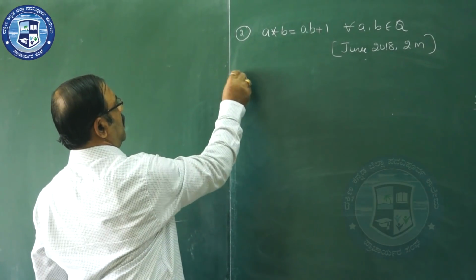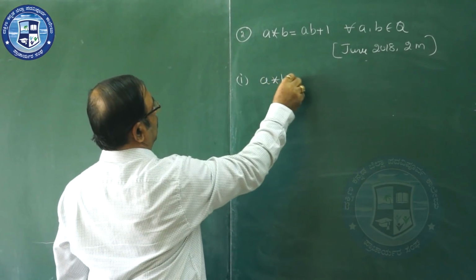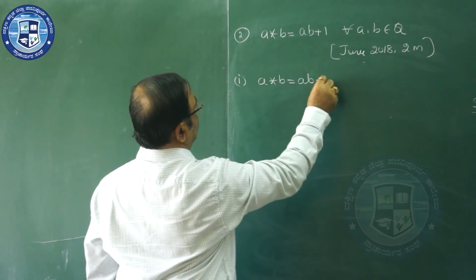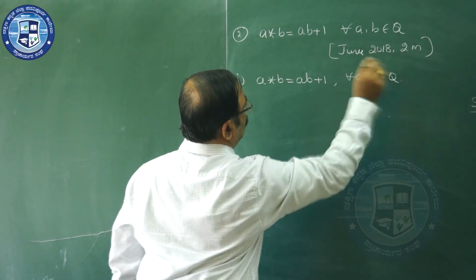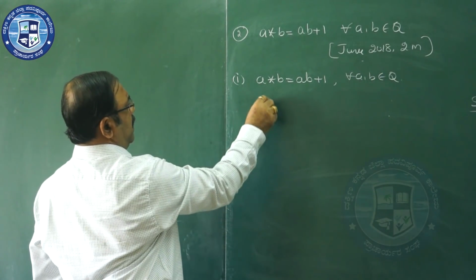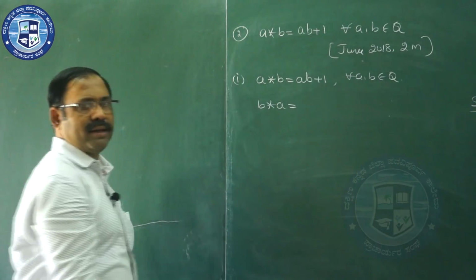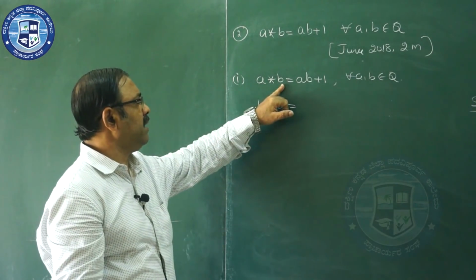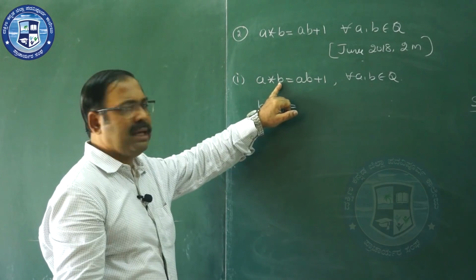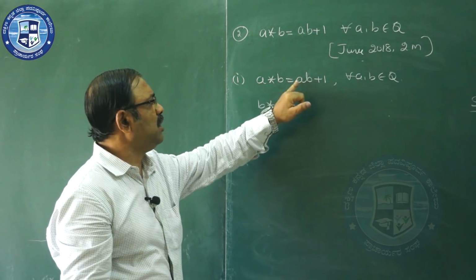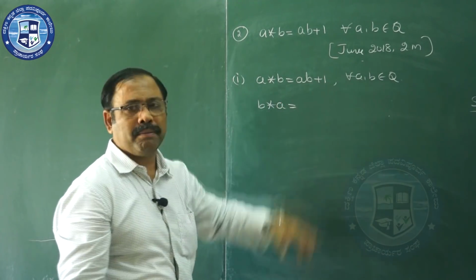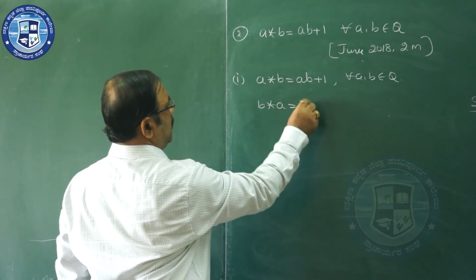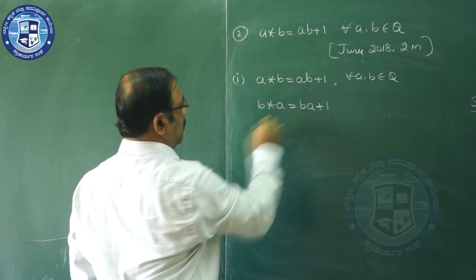See, first they have given A star B as AB plus 1 for all A, B belonging to Q. Tell me, what is B star A? See, in A star B, A is first, B is second: first into second plus 1. So B star A is BA plus 1.